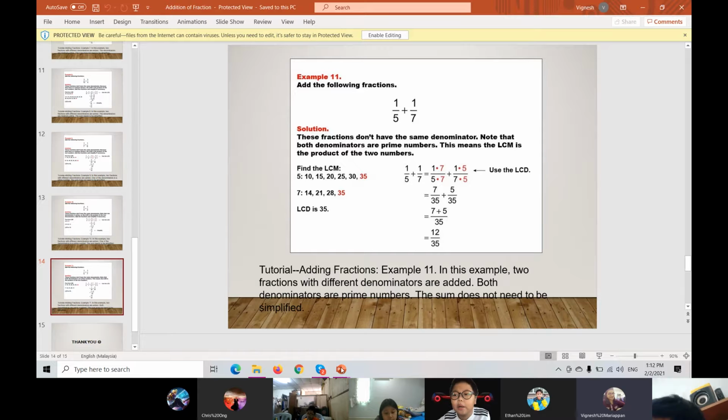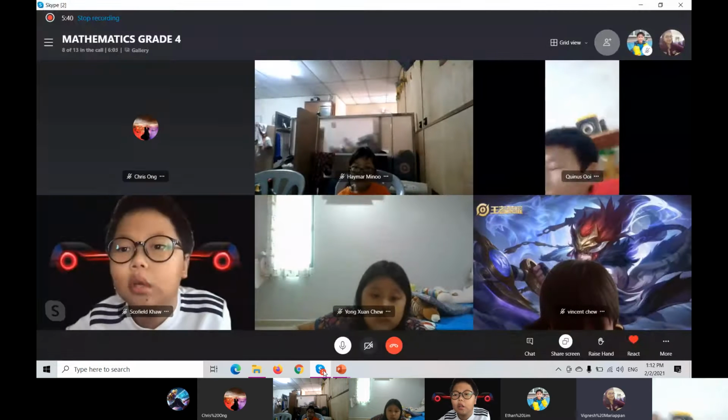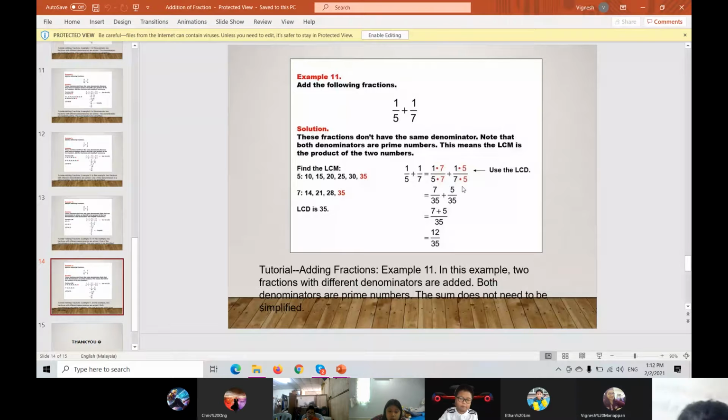No. I thought you say 1 multiply 5. The first fraction correct. 1 multiply 7 is equal to 7. Look at the second fraction. 1 multiply 5 is equals to 5. Okay, good. Now you get the answer ready.